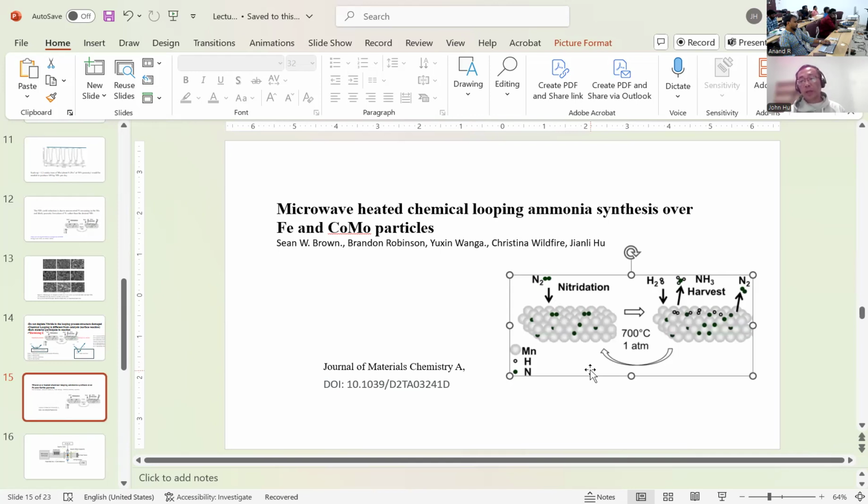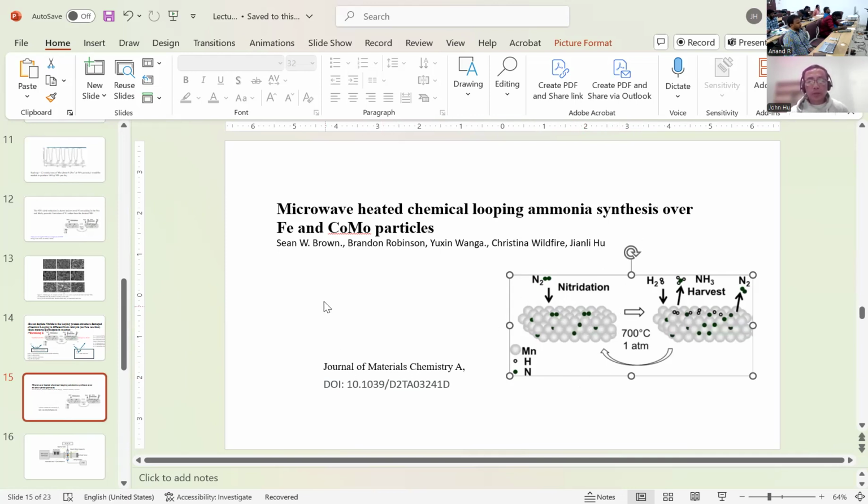If you heat by external heat, you have to heat all this manganese, the light gray, white colored catalyst, in order to heat the nitride. But microwave can come in and directly heat this black dot, the location. Okay, so that's the advantage.